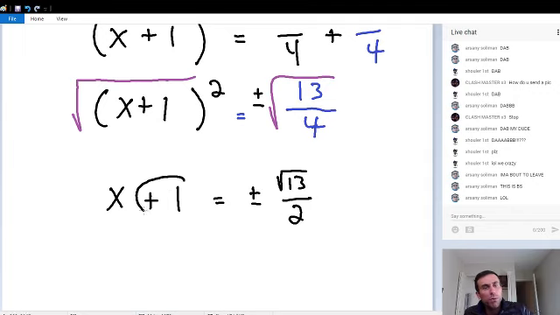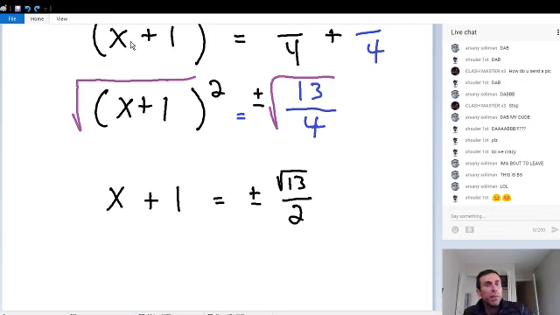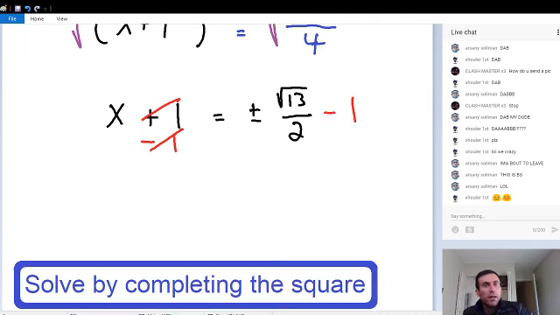We need to subtract 1 from both sides of the equation, and the reason why we're doing this is to get x by itself. By subtracting 1 on the left, the positive 1 and the negative 1 cancel each other out. And we also have to subtract 1 from the right-hand side of the equation as well. And so now we have solved for x.